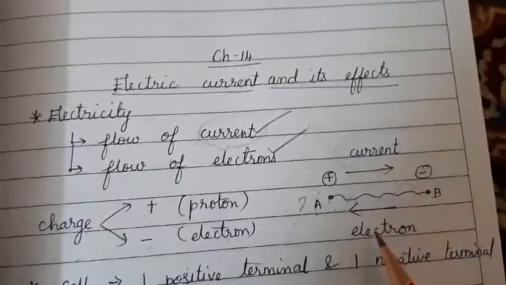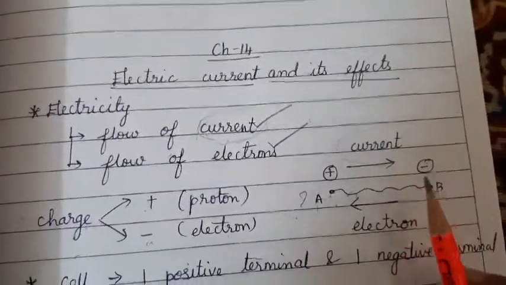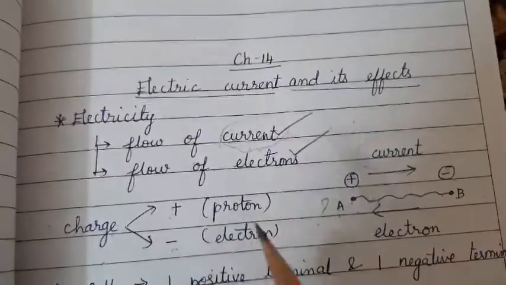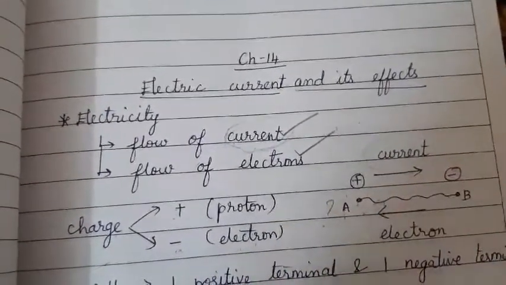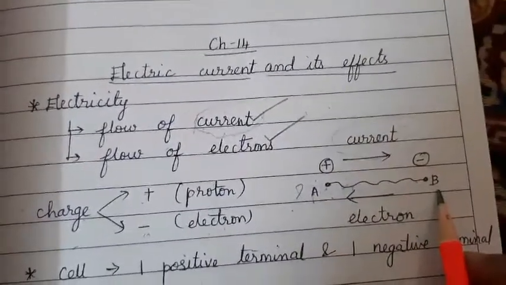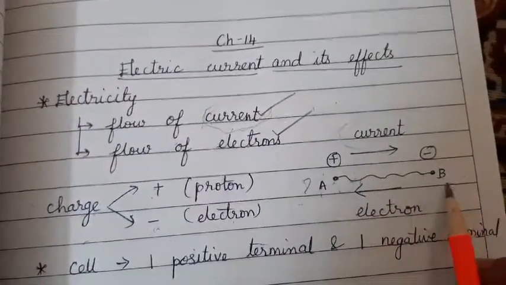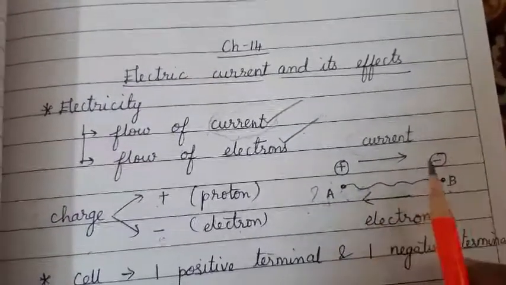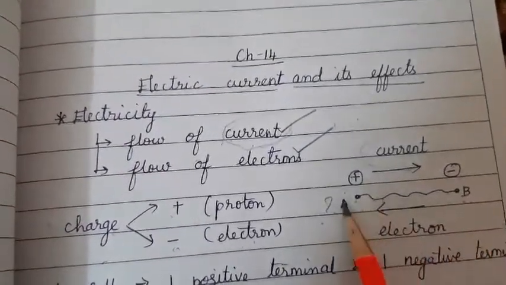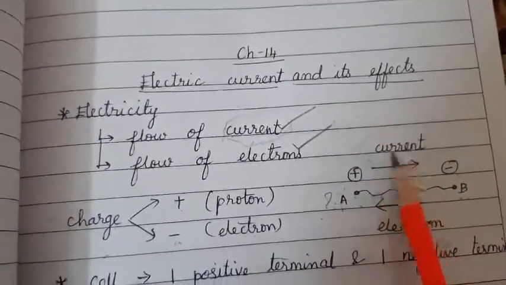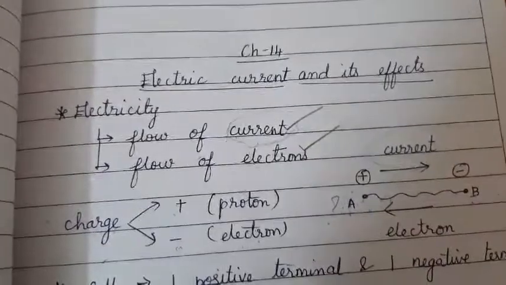I can otherwise describe it as the flow of electrons. Electrons means negative charges. They all get attracted to the positive charge. So if the electrons flow from one end to the other end, that is from the negative end to the positive end, they get attracted to the protons and they constitute the supply of current.